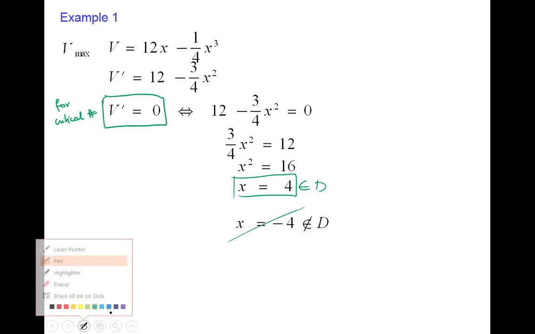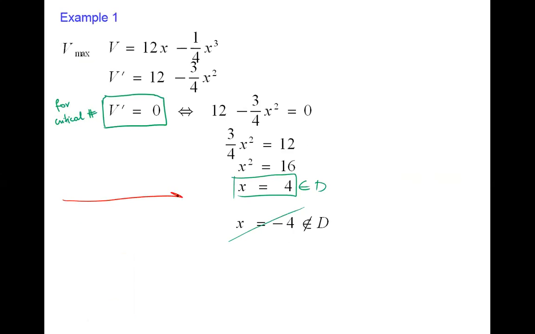Then what I have to do is check if at 4 my derivative of the volume changes sign from positive to negative, because that's what I want. I'm looking for the maximum. Remember testing: if I substitute a huge number, like 5, 6, 7, 8, 9, this will be squared and negative.